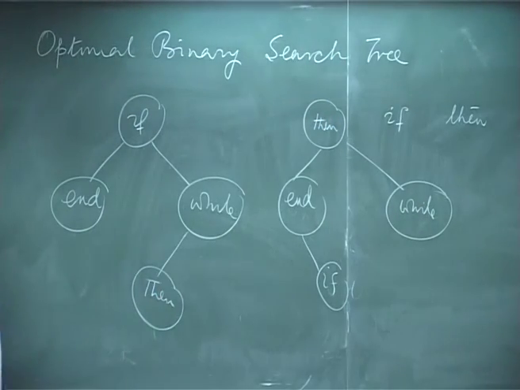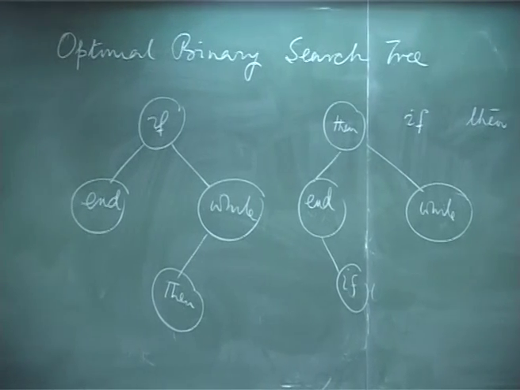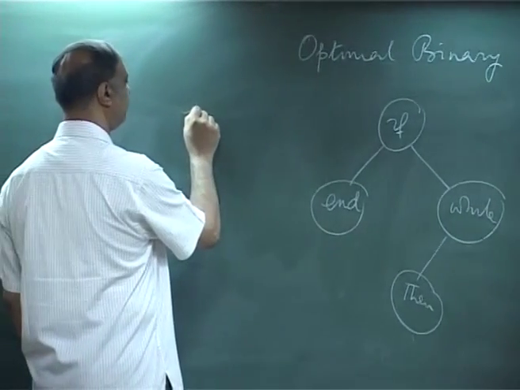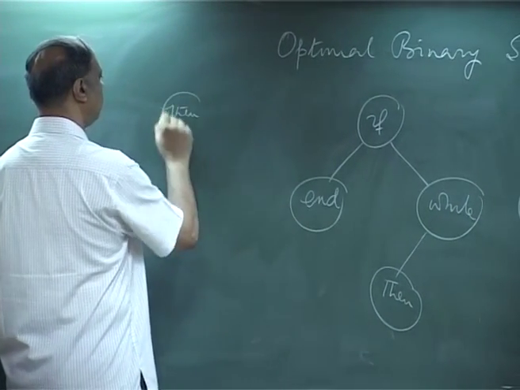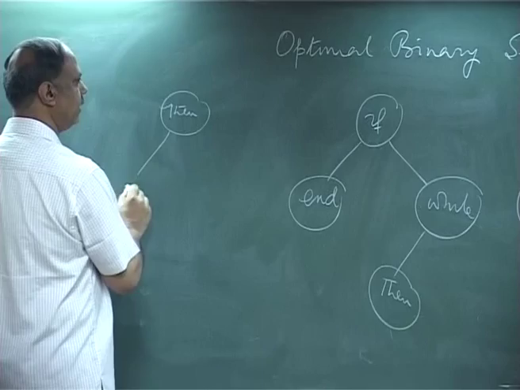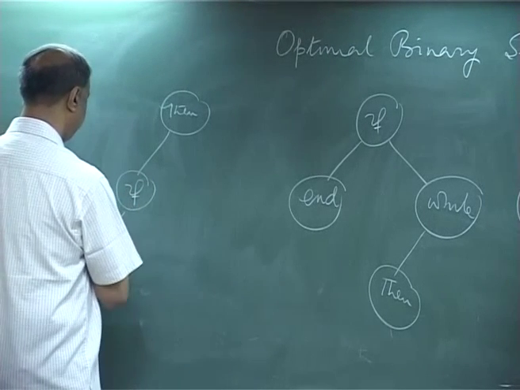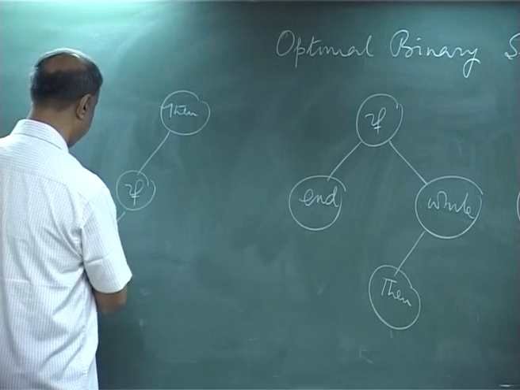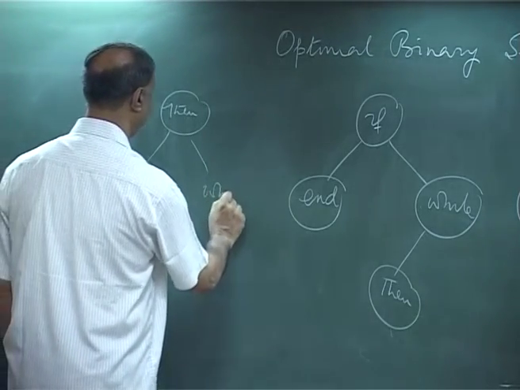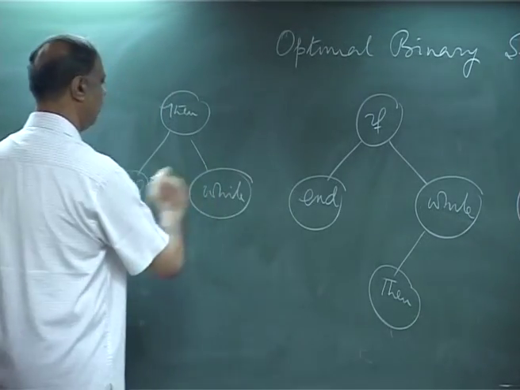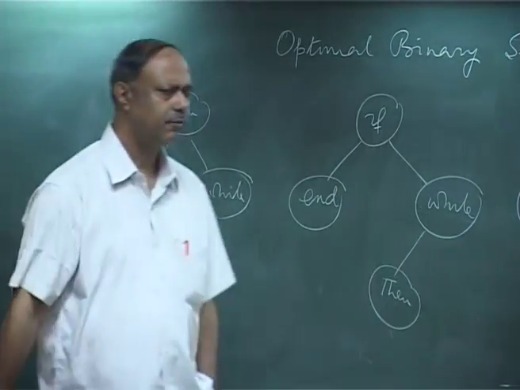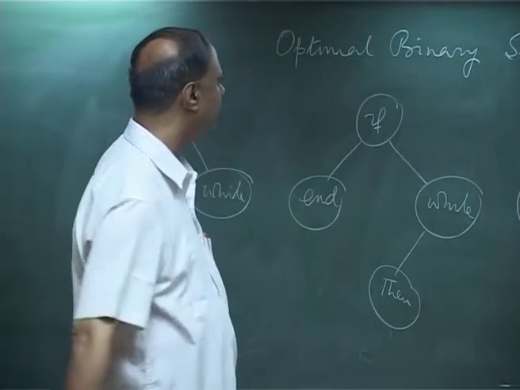Another way I can put is then, and this side it is if, this side is and, and this side is while. Okay? There are several other ways you can arrange it.